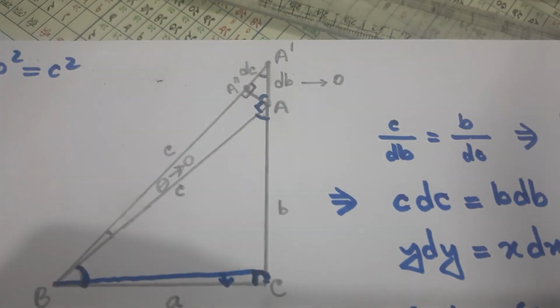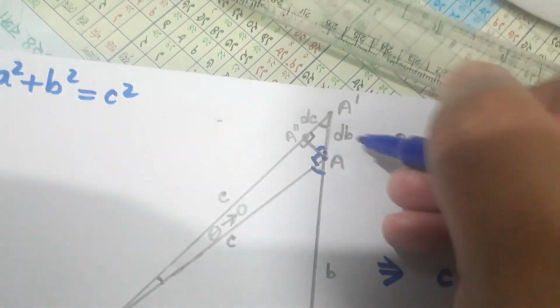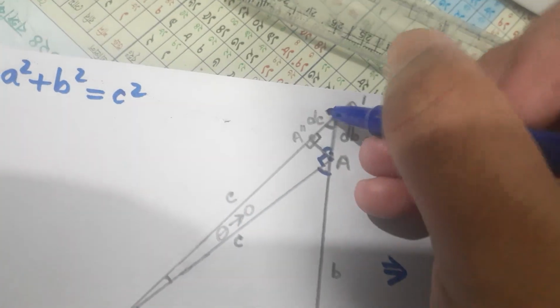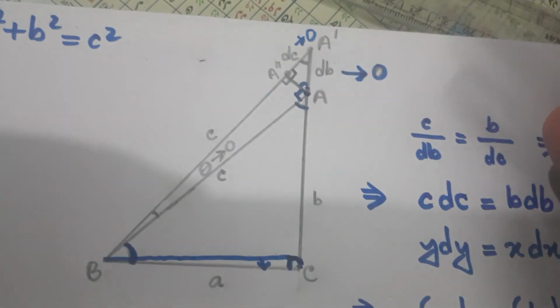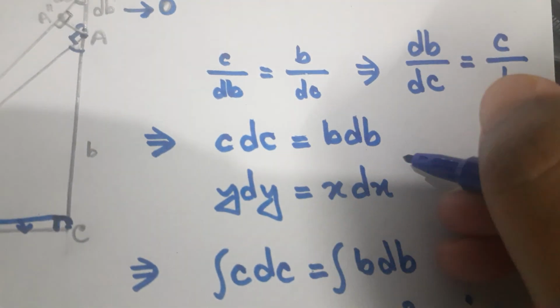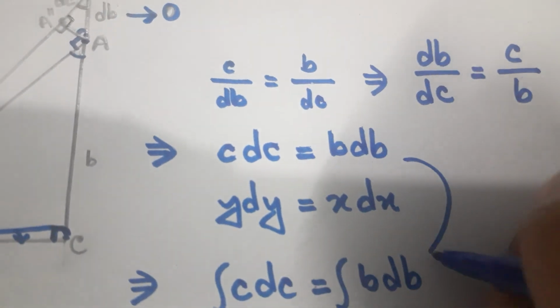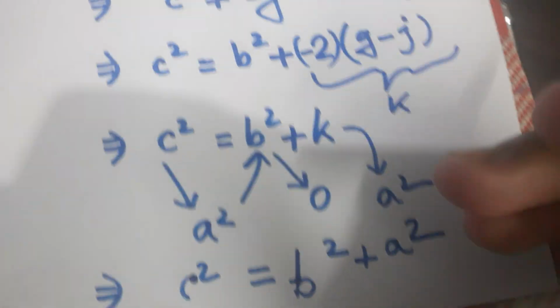So let me just recap everything a bit. There is no doubt, if we extend a little bit, then db tends to be 0 and dc also tends to be 0. This A dash and A double prime are the same point. And we just applied the integration, which we did many times in physics.